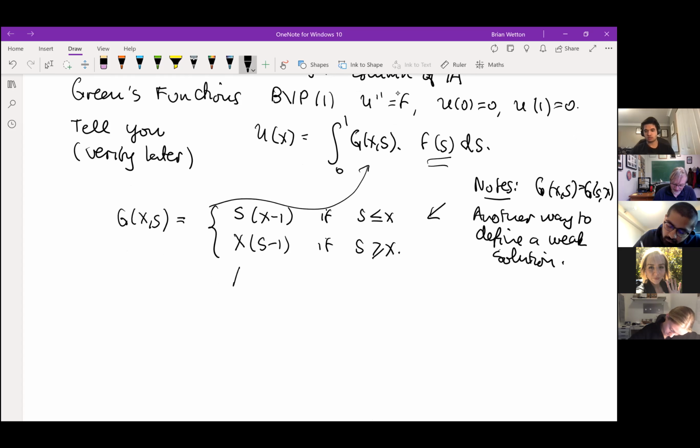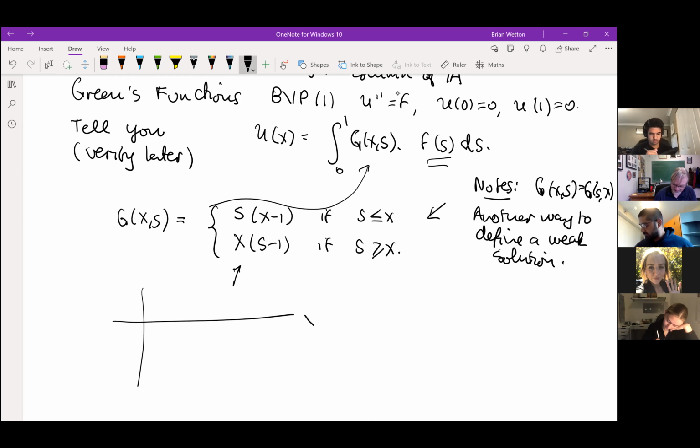Okay, well, what does this look like? Now, actually, I made a little bit of a mistake in my notes. I should be graphing G as a function of x for given s, but since it's symmetric, it doesn't matter. Okay, so what did I say?